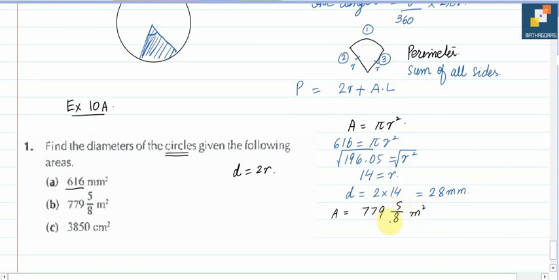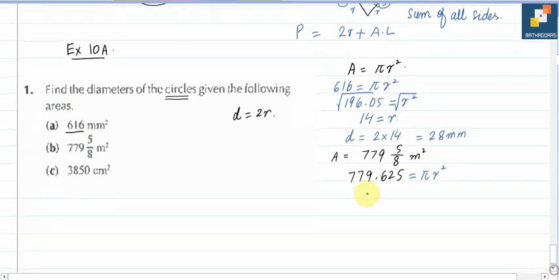So first we need to convert this fraction. It will be 8 multiplied by 779 plus 5, divided by 8. So it's 779.625.